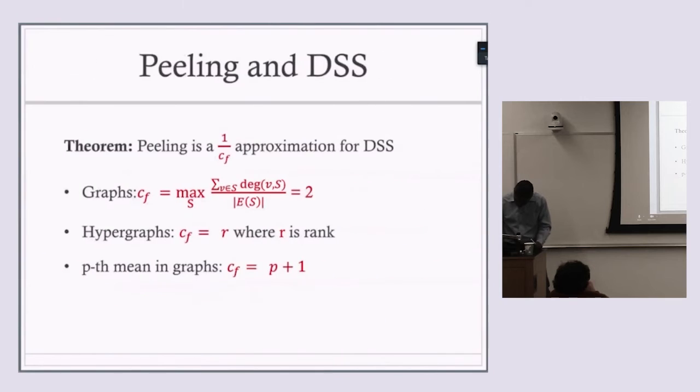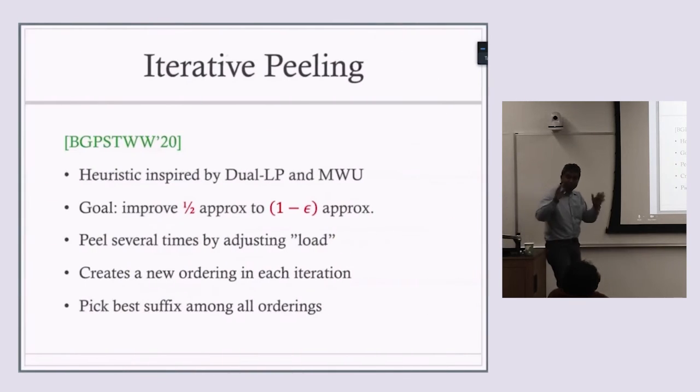As far as I know, it unifies all the known results in a simple way, and that's the value. Now let me come to the problem that really started me thinking about this. This is iterative peeling. This is done by a big group at Georgia Tech. They realized that peeling is great. It's a simple algorithm, very easy to implement, but its approximation ratio is not great.